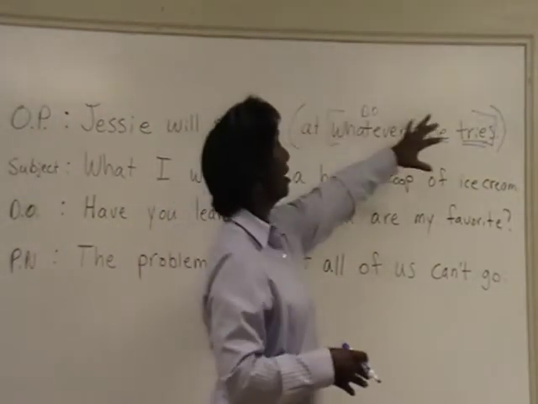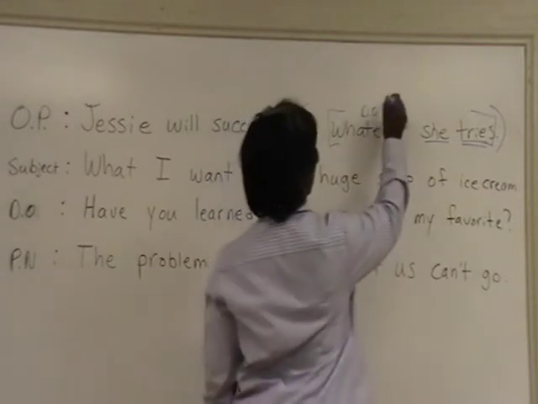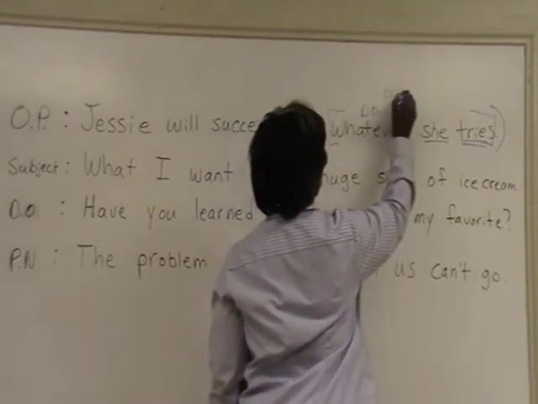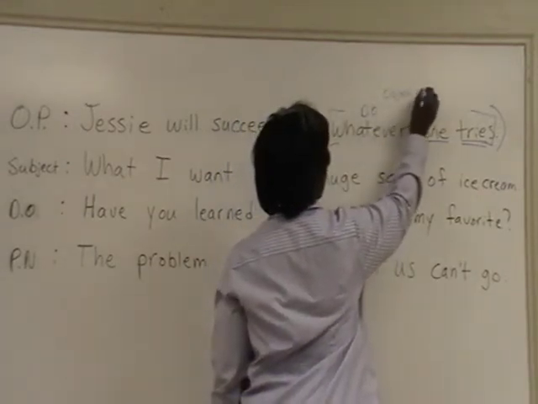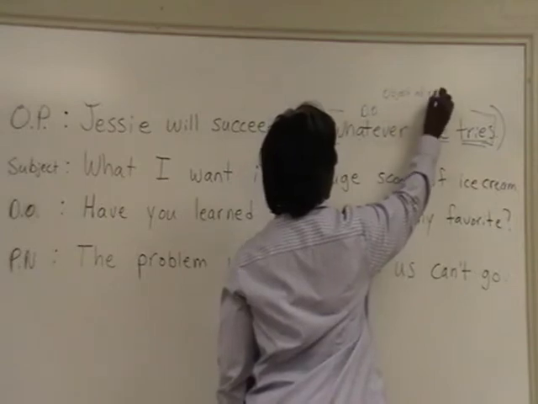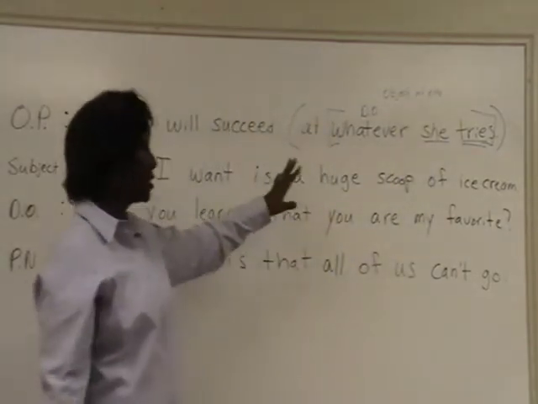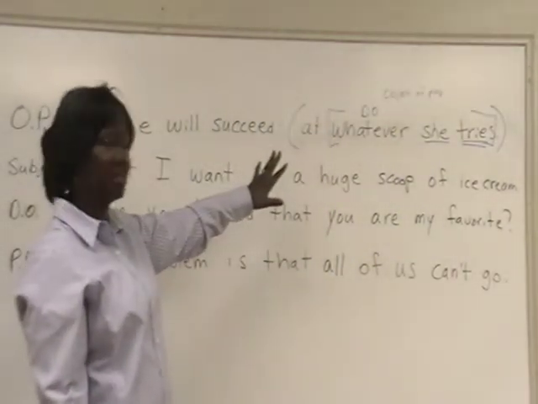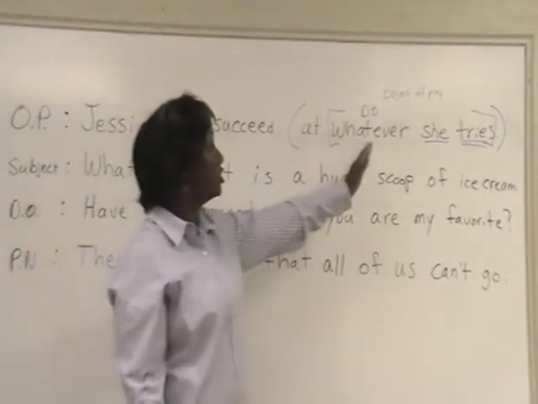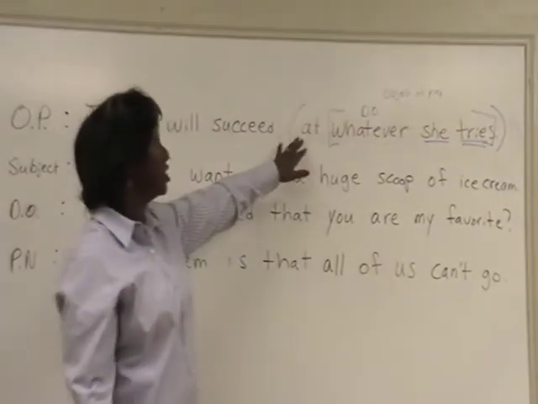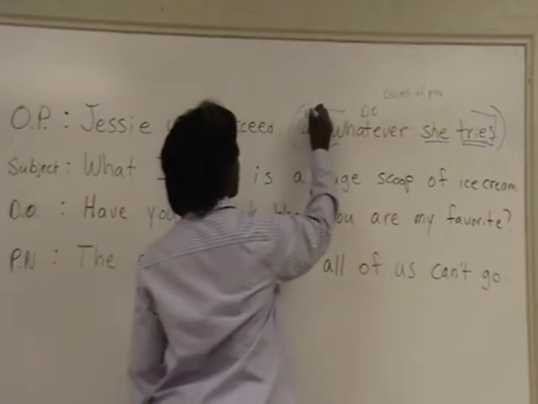This entire clause is really functioning as the object of the preposition. If I were to diagram this, which I'm not because I don't want to scare you away till the next time, whatever she tries is my object of the preposition, and at is my preposition.